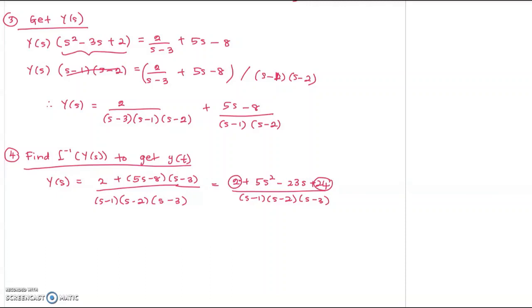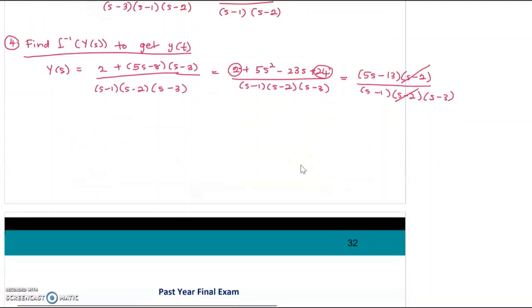And at the top, 5s squared minus 23s plus 26 can be written as 5s minus 13 times s minus 2, in bracket times bracket form. So we can simplify s minus 2 at the top and also at the bottom.